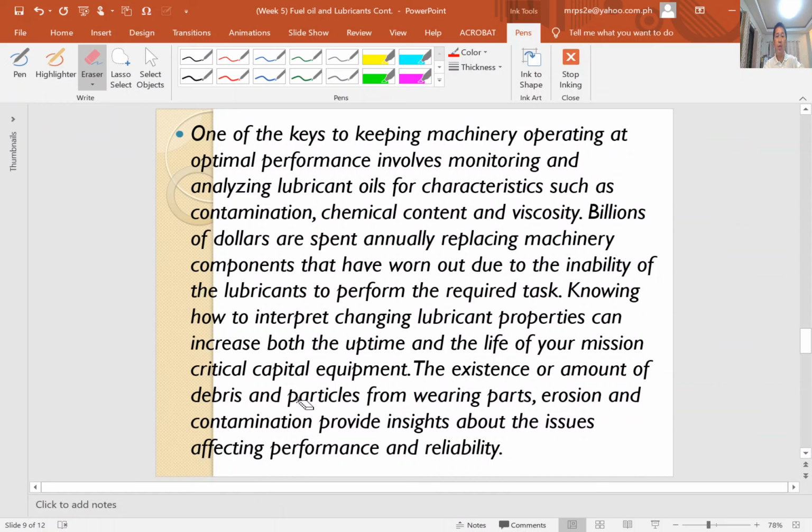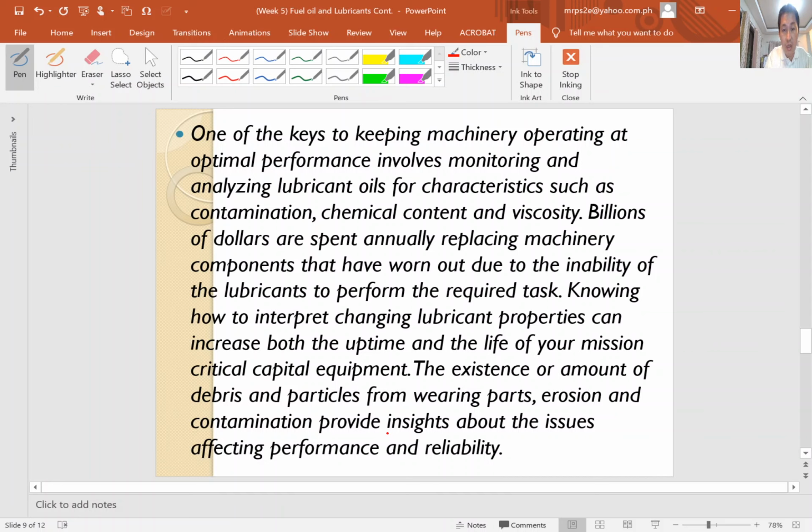Knowing how to interpret changing lubricants, practitioners can increase both the uptime and the life of mission critical capital equipment. The amount of debris and particles from wearing parts, erosion, and contamination provide insights about the issues affecting performance and reliability.